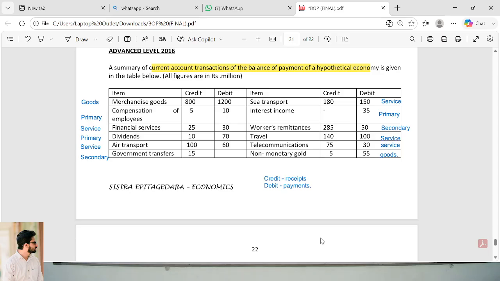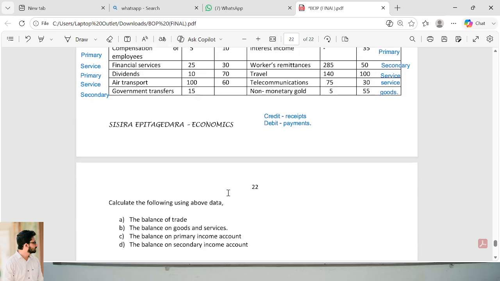Debit means cash payments, or we can say imports. Receipts mean exports. We receive cash through exports. Okay, the initial part is done, then you can go ahead.